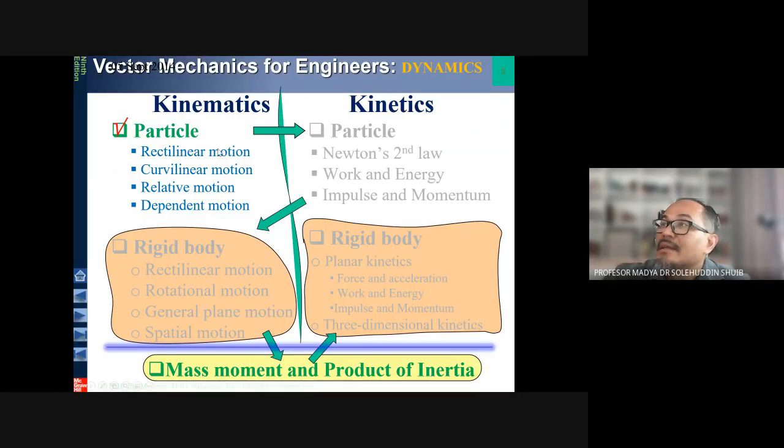As I mentioned earlier, these are the coverage of kinematics of particles: we are going to cover rectilinear motion, curvilinear motion, relative motion, and dependent motion.